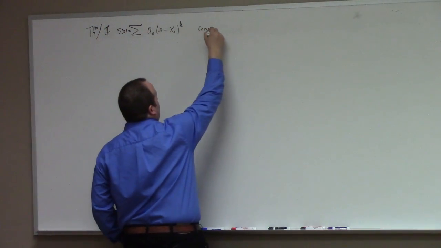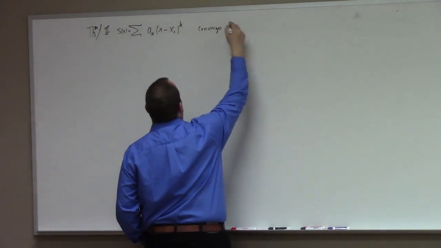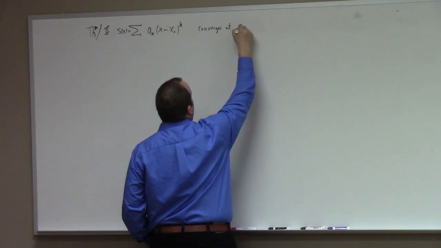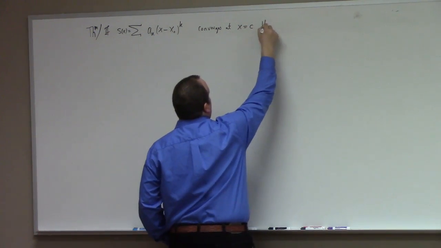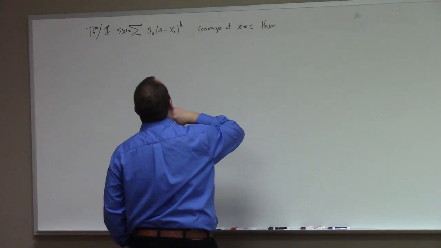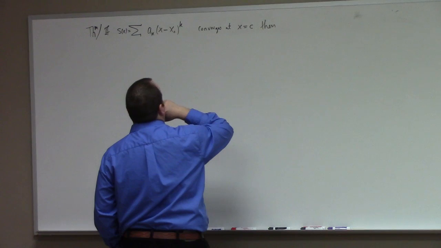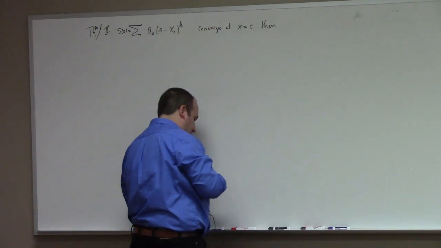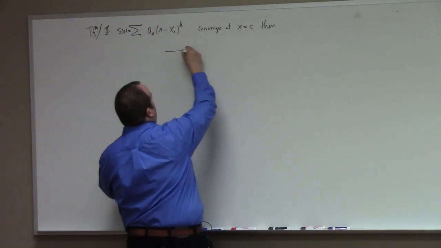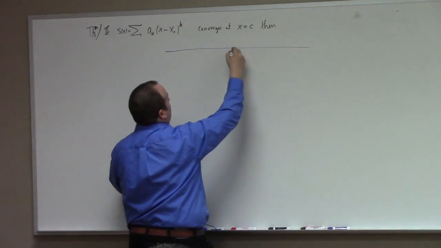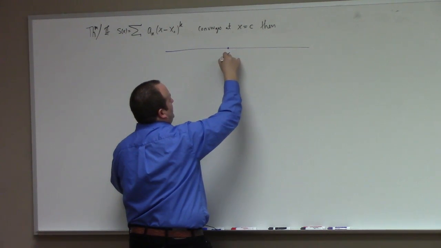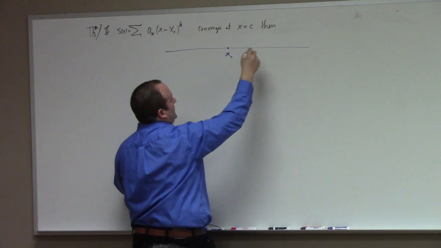If this converges at some point, let's say c, then I need a number line to think about this. Let's draw a picture. So here's a number line. The center of the series is x naught, and c is some other point, let's say it's here.